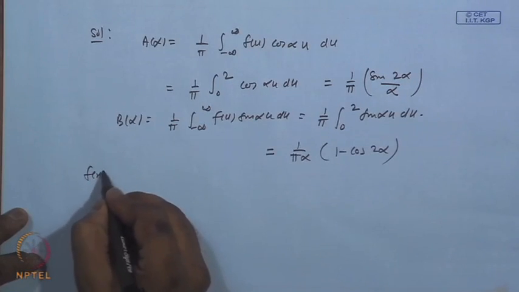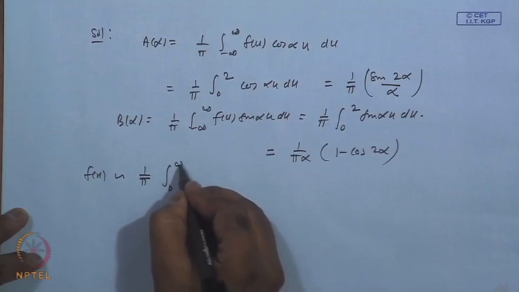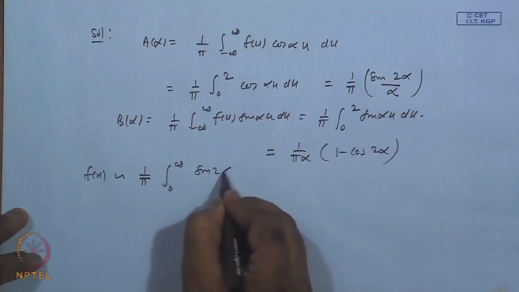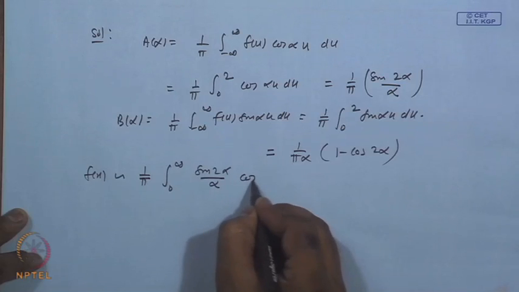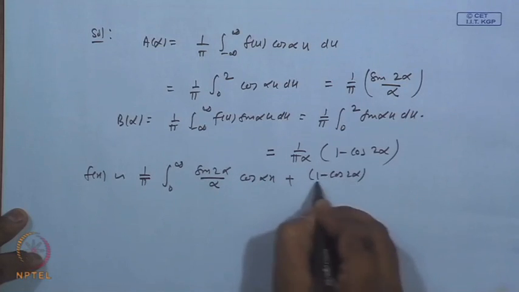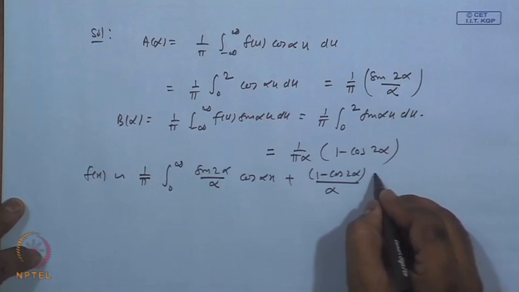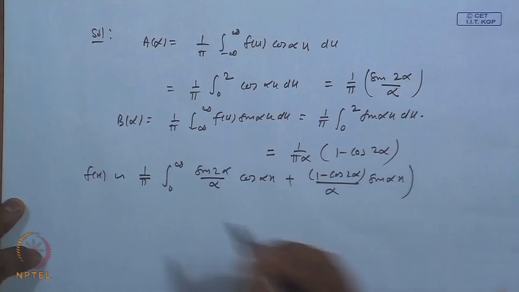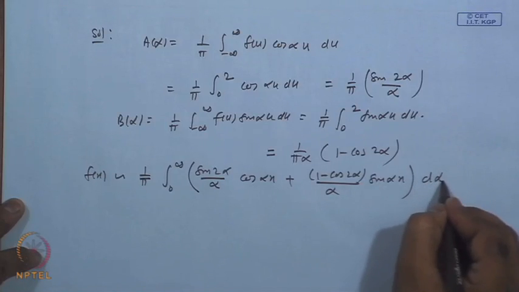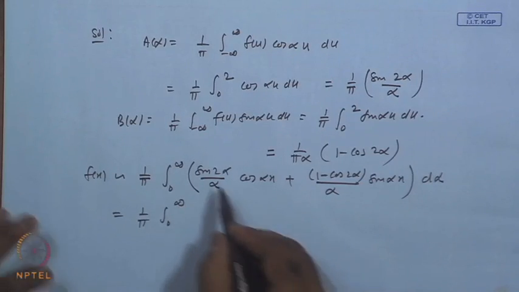So, this f(x) we can represent by this Fourier integral 0 to infinity of sine 2 alpha over alpha cos alpha x plus (1 minus cos 2 alpha) over alpha, 1 over pi is there, and then we have sine alpha x, d alpha. So, we have 1 over pi, 0 to infinity.